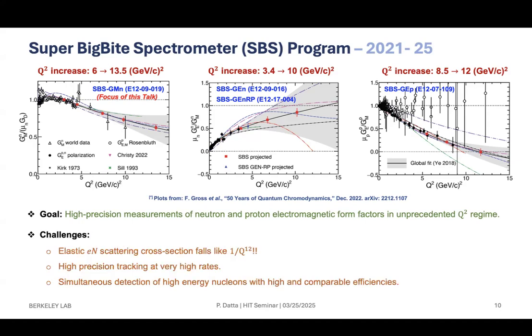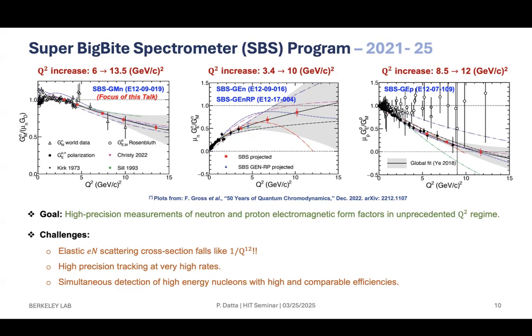For example, the elastic electron-nucleon scattering cross section falls like 1/Q¹². And so to reach our statistics goals in a reasonable amount of time, we need very high luminosity, which results in very high rates. So we need to make sure that we have high precision tracking in such a condition. And at the same time, we need simultaneous detection of high energy nucleons with very high and comparable efficiencies in such a condition.